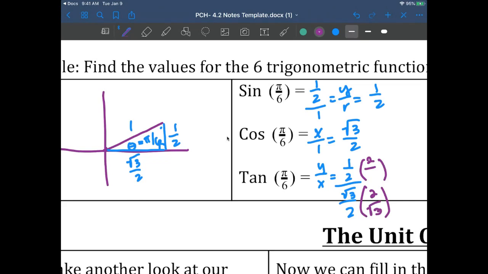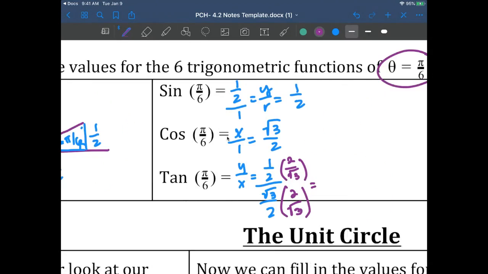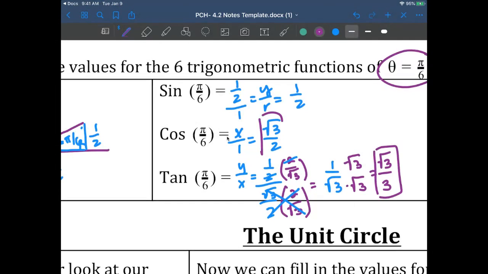Multiply by the reciprocal, that cancels to make a 1, that cancels to make a 1. 2 divided by 2 is 1, so we get 1 over the square root of 3. Y'all know that we need to rationalize, so I'm going to multiply by root 3 on the top and the bottom, giving us root 3 over 3. So that's a common ratio. Know them, learn them, love them.